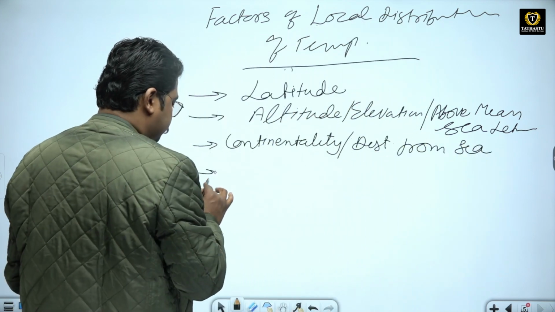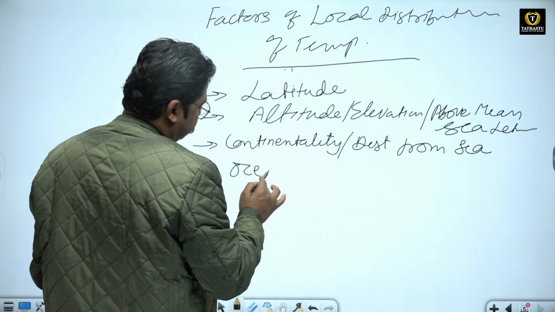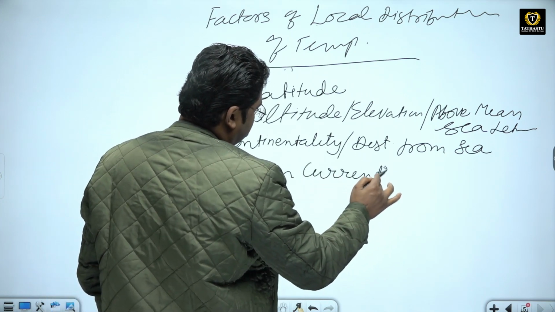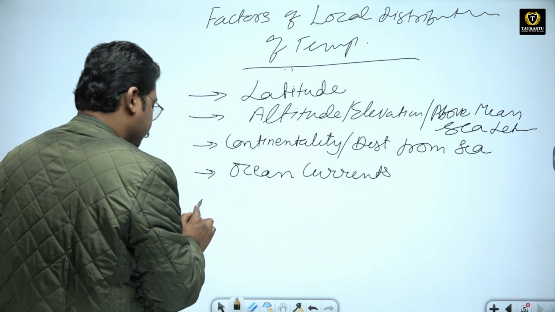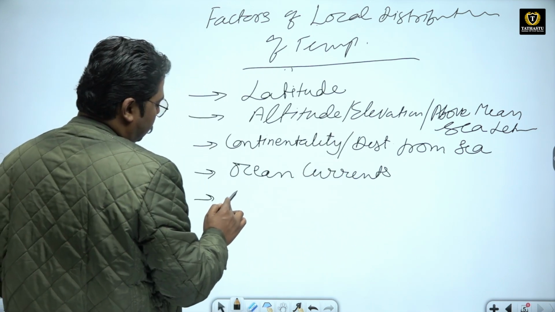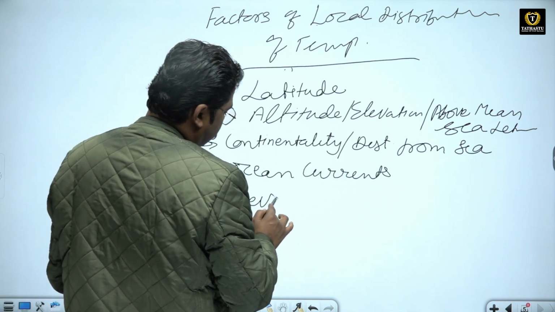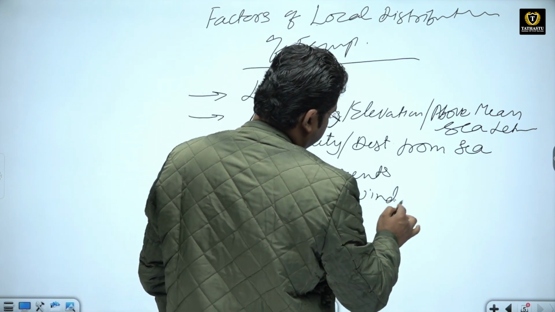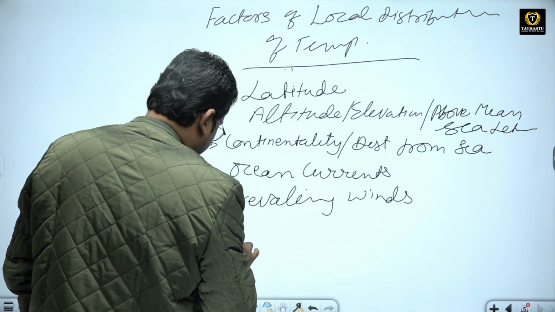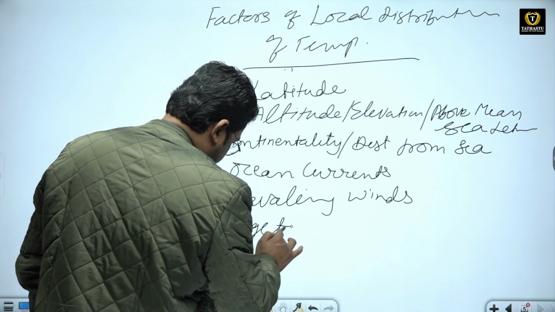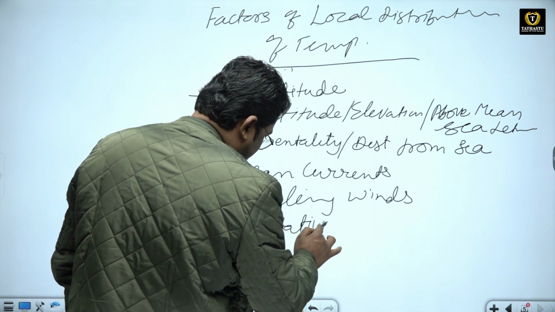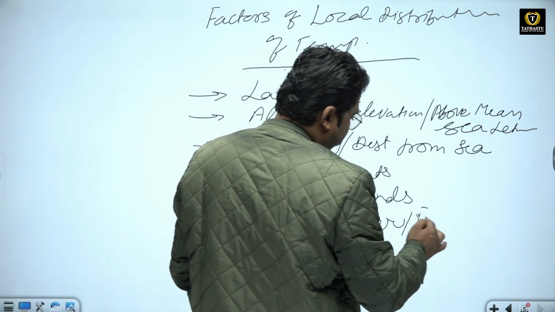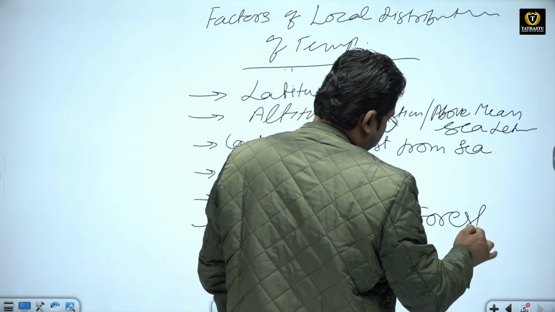Then after that, ocean currents and the prevailing winds. Then vegetative cover, or you can say forest.